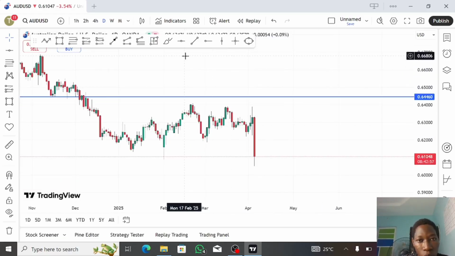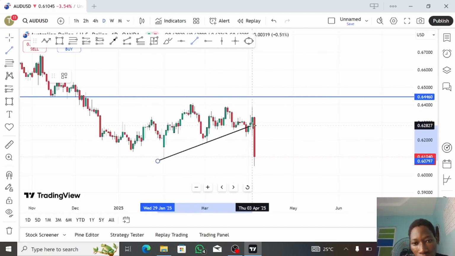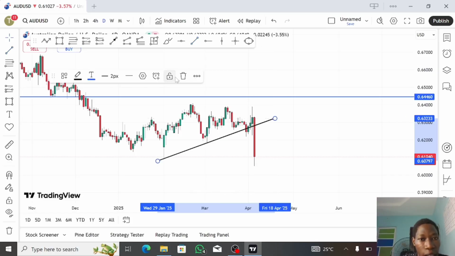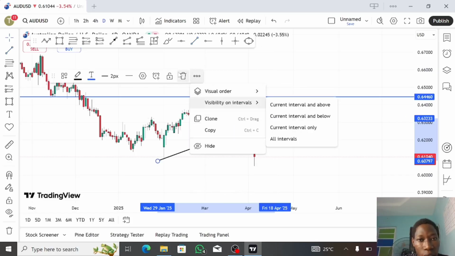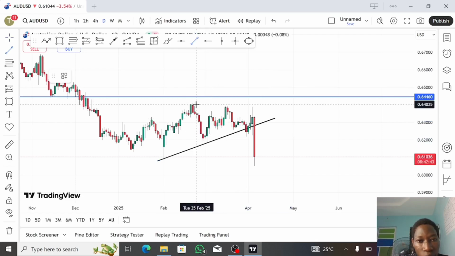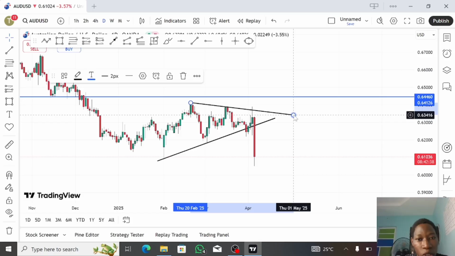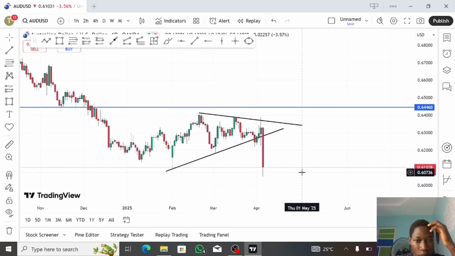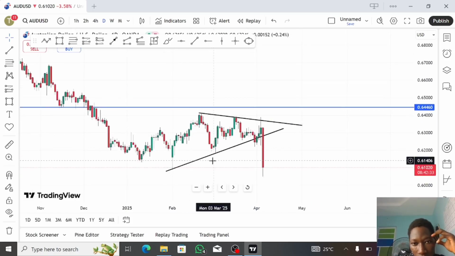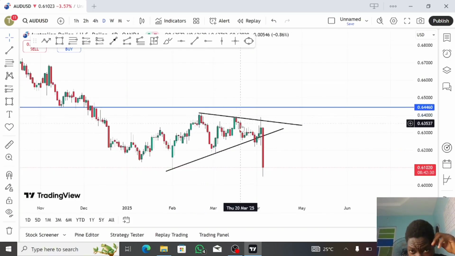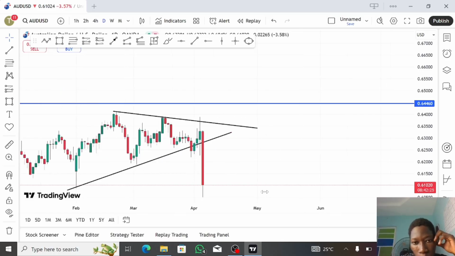So just before this happened, see, this is what we were expecting, because the market was going up like this, crazy, and then you should also note that as the market was going up like that, there was a point at this point here, which is something like this. So it was creating kind of a triangle move. Do you understand? And the market moved to the upside, to the downside, and then this stuff happens. So me, I was anticipating a buy from this point to the upside.